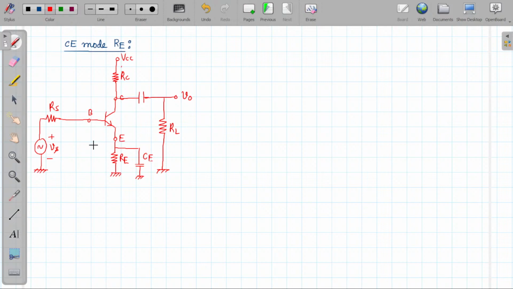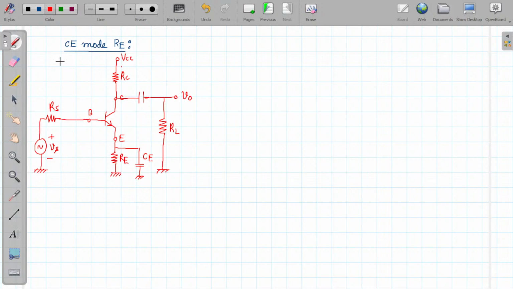So this is the complete circuit of a common emitter mode with emitter resistance. Now, using this circuit, we will try to model it using the RE model.